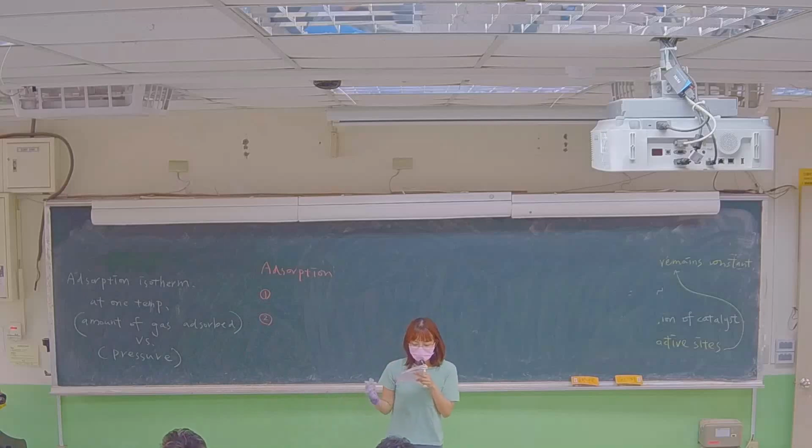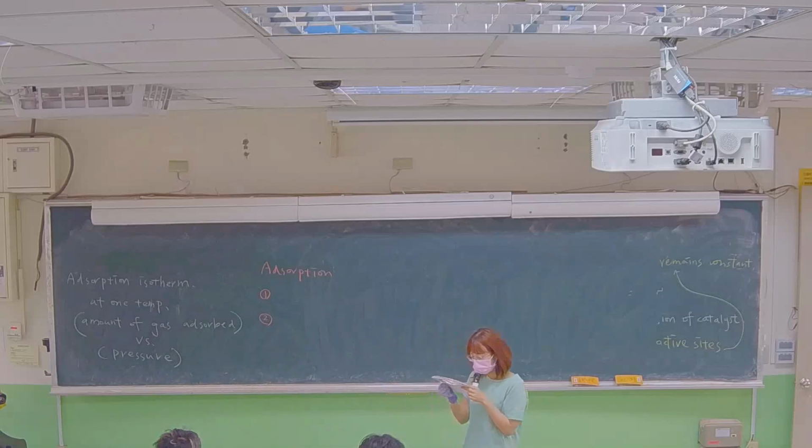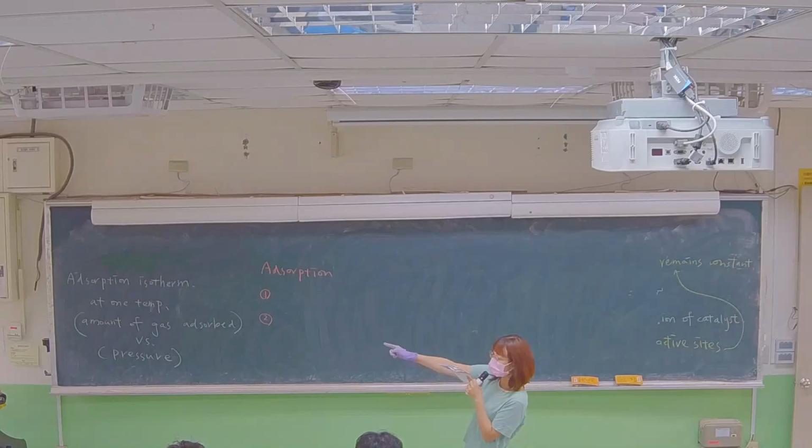Now that is the main part. We have two models, so we will plot two kinds of isotherm for the two models. We want to understand the model for your experiment.